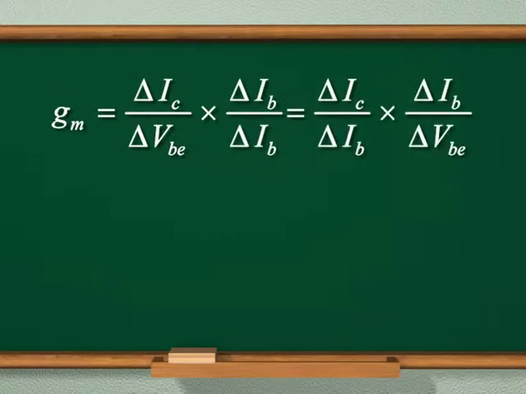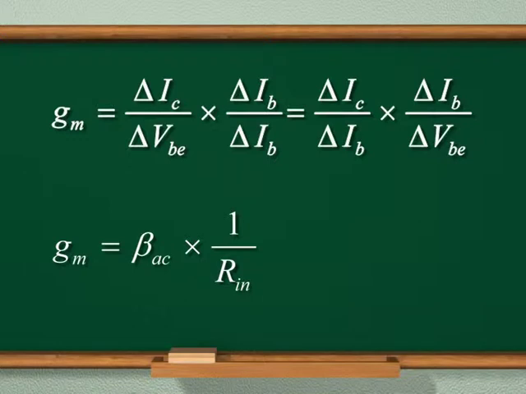Gm is equal to delta IC upon delta VBE into delta IB upon delta IB, which gives delta IC upon delta IB into delta IB upon delta VBE, or Gm is equal to beta AC into 1 upon Rin.